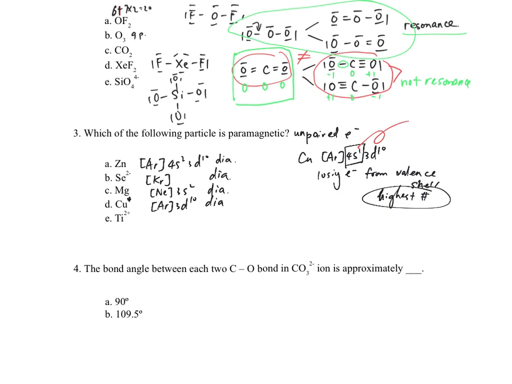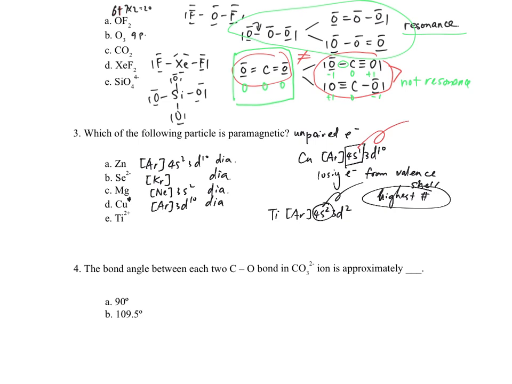And that leaves you with the only other possibility. Now let's see titanium. Titanium is argon 4s2 3d2. Now, 2 plus means losing 2 electrons, and we just said losing electrons from the valence shell. Well, between 4s and 3d, which one is the valence shell? 4s is, if you agree that 4s is your valence shell, then you're going to have to lose those 2 electrons before you touch 3d.